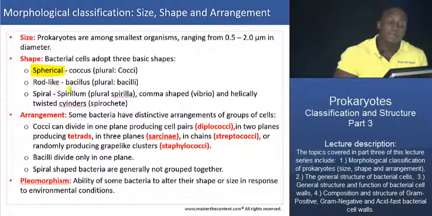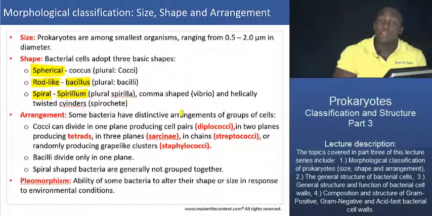Now, they also occur in rod-like shapes. A rod-shaped bacterium is called a bacillus, plural bacilli, and we also have spiral-shaped bacterial cells. Spiral-shaped bacterial cells are called spirillum, plural spirilla, but we also have additional varieties of spiral-shaped cells.